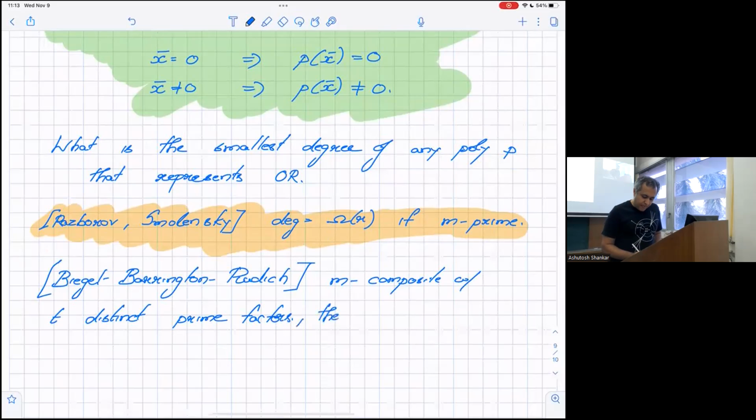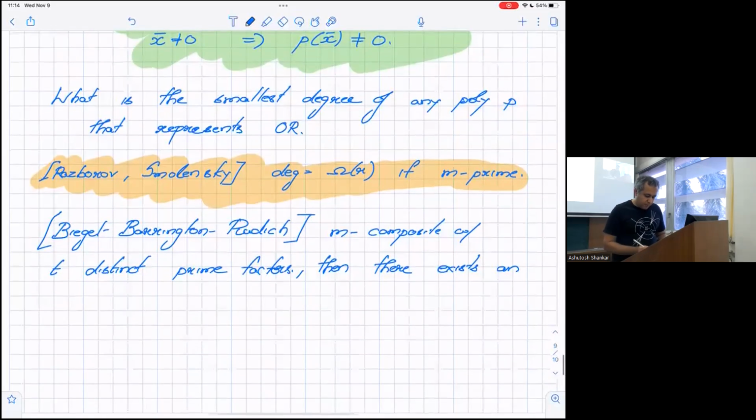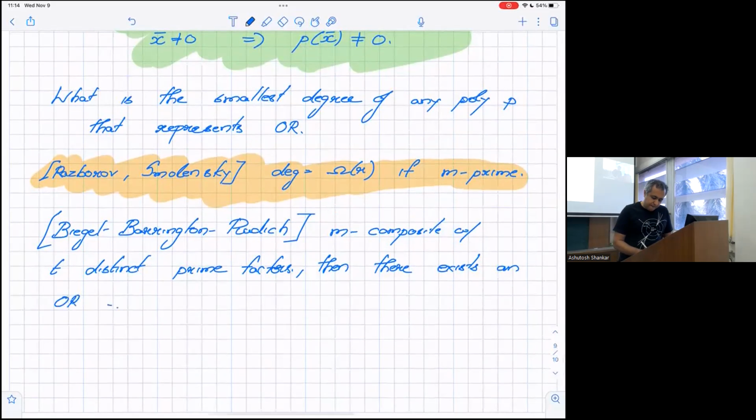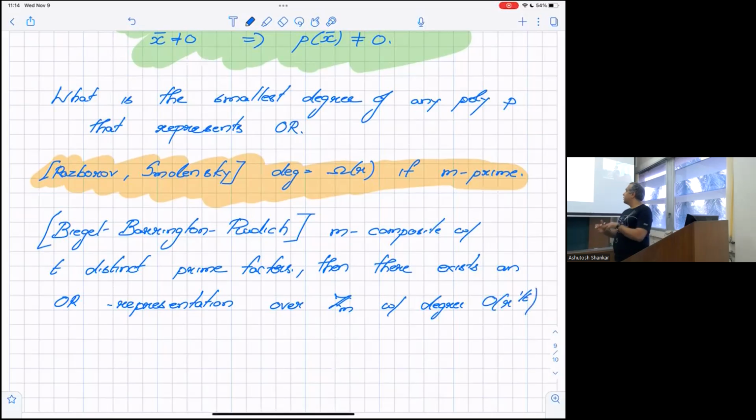Then there exists an OR representation over Z_m with degree order r to the power 1 over t. So the more distinct prime factors, the degree will keep dropping for the representation.